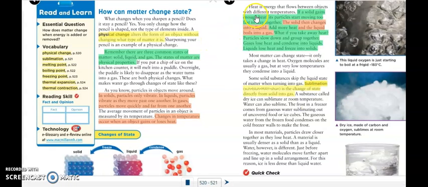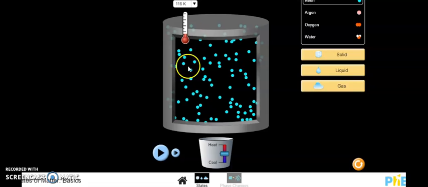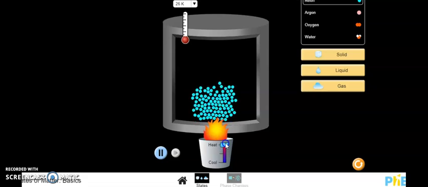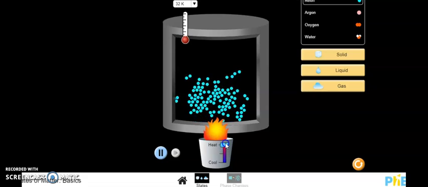Okay, guys, let's do a quick experiment together. As you see, if we want to take a solid as an example first, and we add heat to this solid, what will happen? Okay, you can see how the particles of the solid vibrate right now. If a solid gains enough heat, its particles start moving.